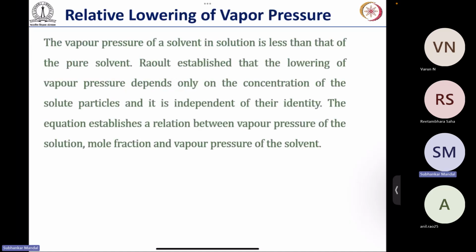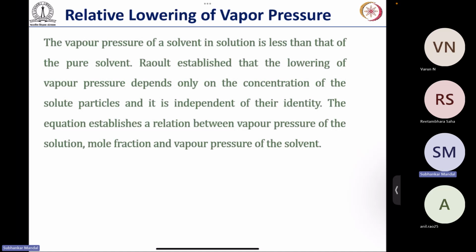Okay. So relative lowering of the vapor pressure, what it is representing, basically it will tell us that if you have a pure solvent and if you put some analyte, then the vapor pressure of the solution will be decreased. Why it is decreased, that we have discussed, because in the solution surface the number of pure solvent atoms is lower when you are mixing any analyte or any solute in the solution.